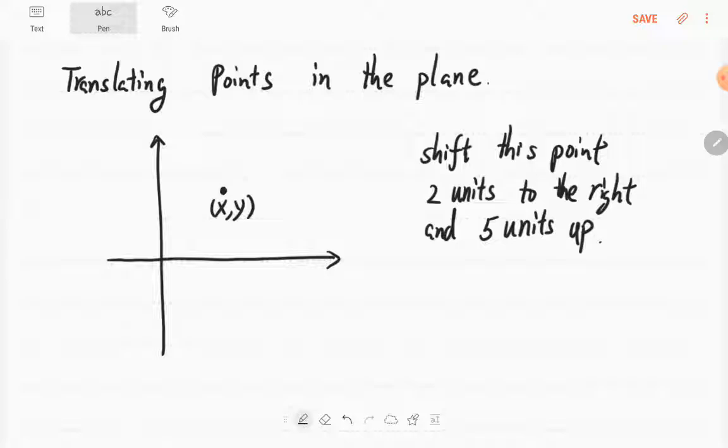Okay, so if this is the x, 2 units to the right would be here, and 5 units up, 1, 2, 3, 4, 5, so it would be here, right? So what's this point? This would be x plus 2 and y plus 5.